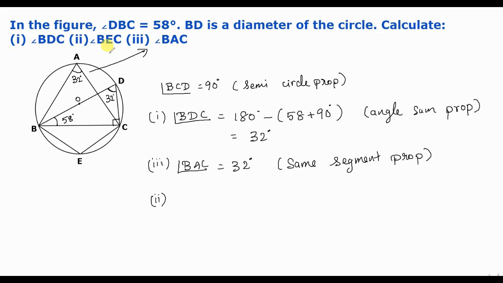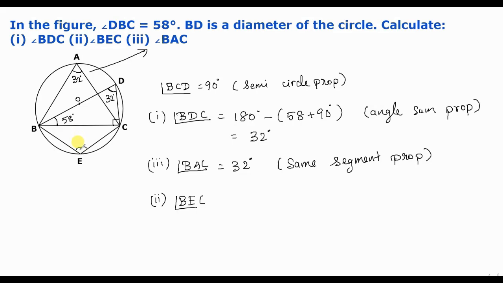Moving to your second one, which is angle BEC. ABEC is a cyclic quadrilateral, and we all know opposite angles of a cyclic quadrilateral are supplementary. Supplementary in the sense that when you add angle A and angle E, it will be 180 degrees. Not only angles A and E: if you observe BDCE, this is also a cyclic quadrilateral.